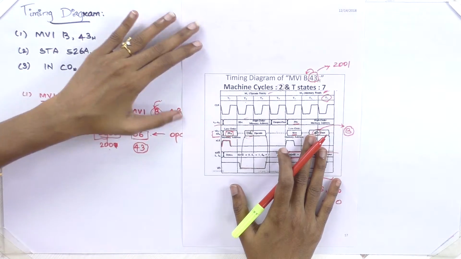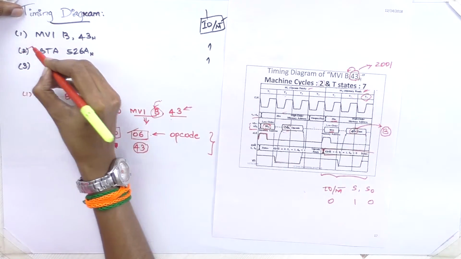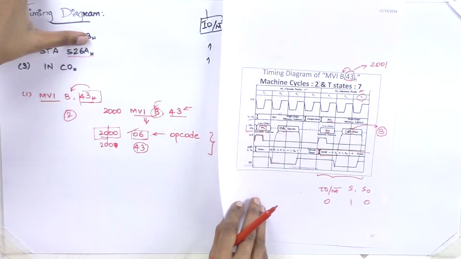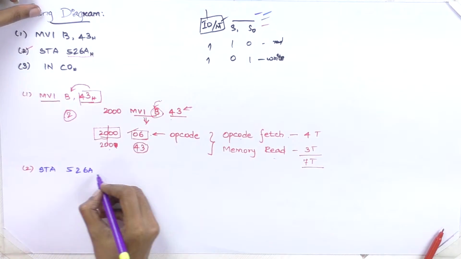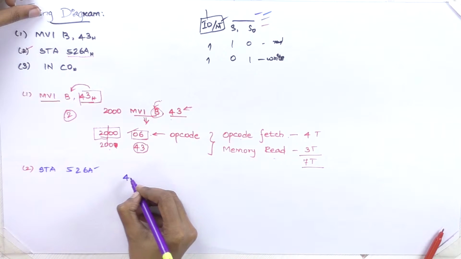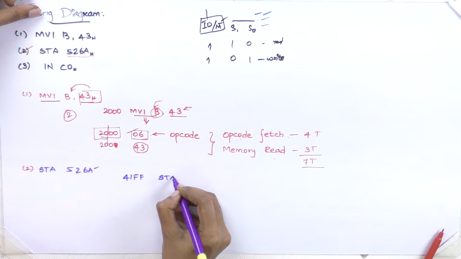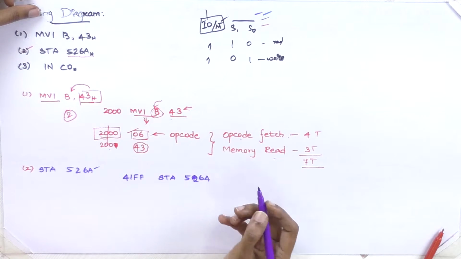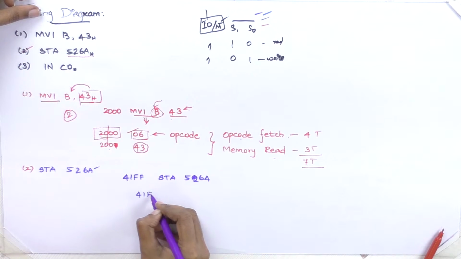Fine. So the next instruction that I have given is STA 5268. So for example, the address of this instruction is 41FF. So at 41FF, what will be stored?